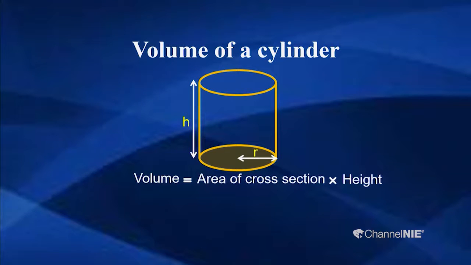Pi r squared is the area of the circle, and when you multiply that value by the height of the cylinder, you can obtain the volume. That is very easy. Now you can see that, the base of this is the green colored part.